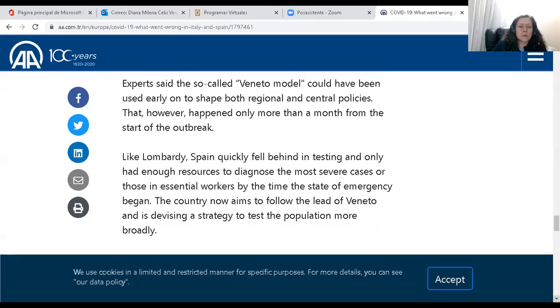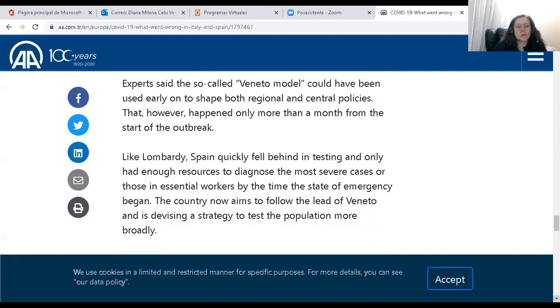Experts said the so-called Veneto model could have been used early on to shape both regional and central policies. That, however, happened only more than a month from the start of the outbreak.